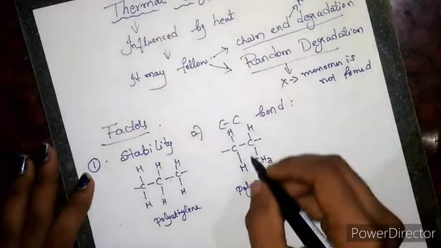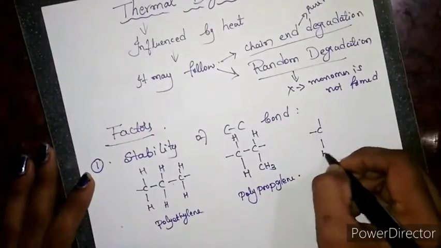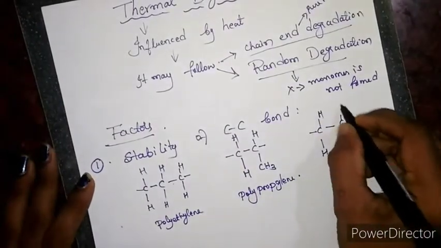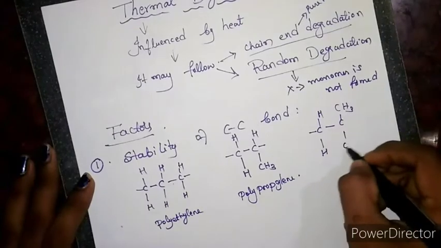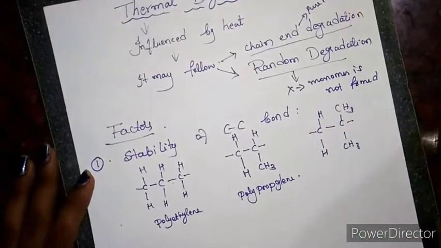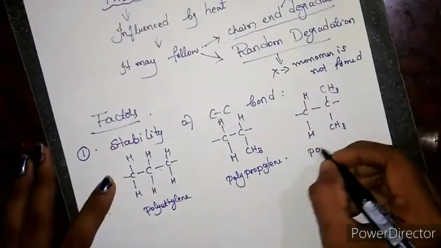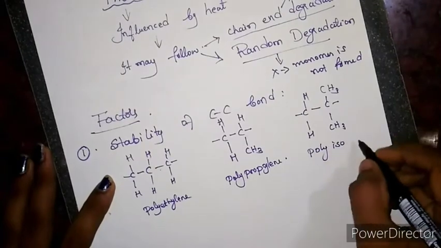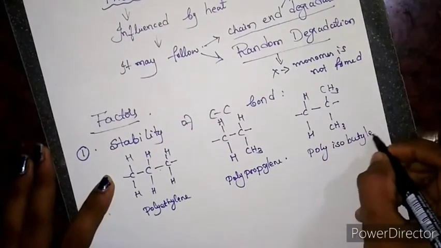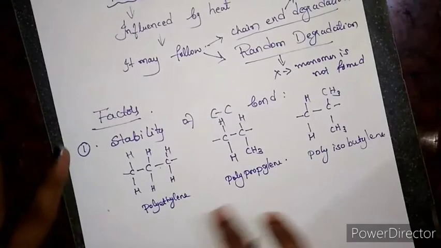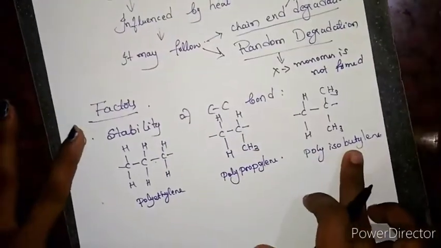And one more, I take this example: CH3 and CH3, and it continues like this only. This is polyisobutylene. So this is polyethylene, polypropylene, polyisobutylene.